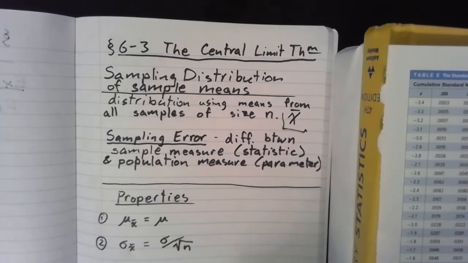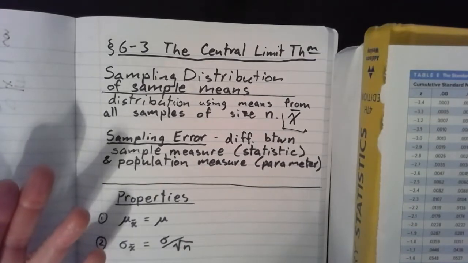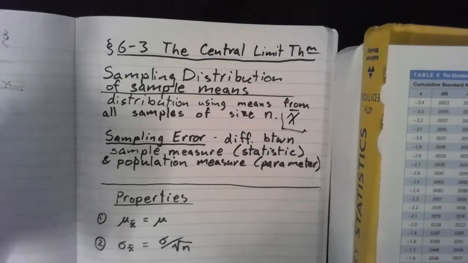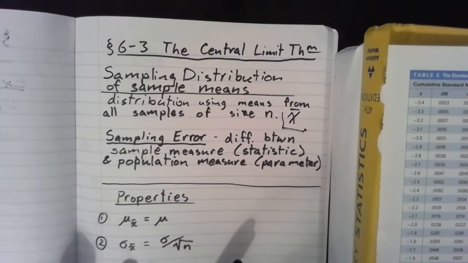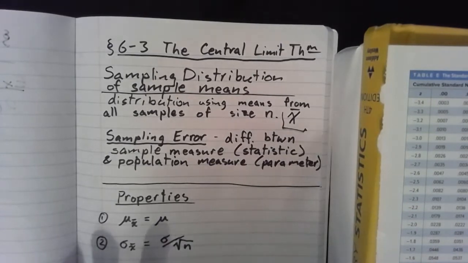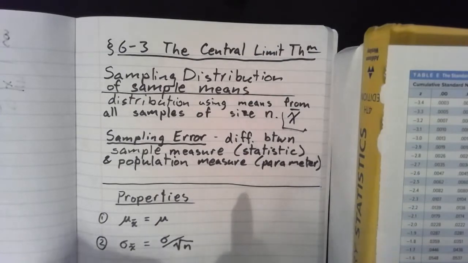What this is saying, first of all, is that the standard deviation for our new sampling distribution of sample means is lower than the standard deviation for the distribution we're originally considering.